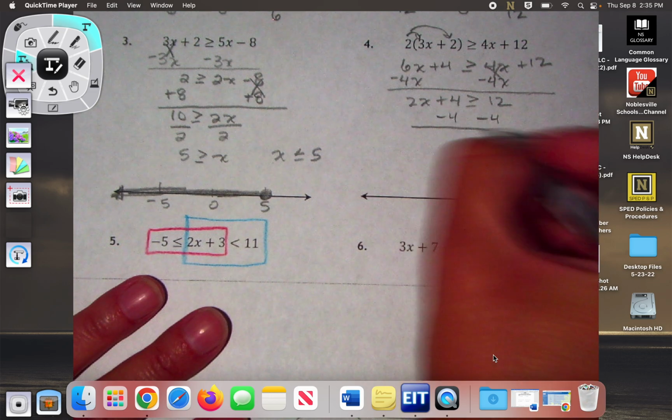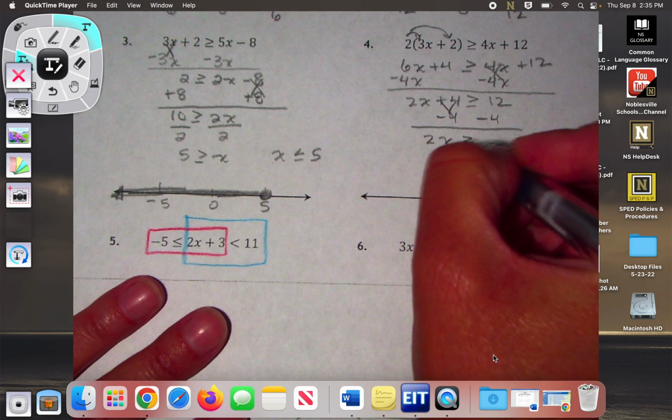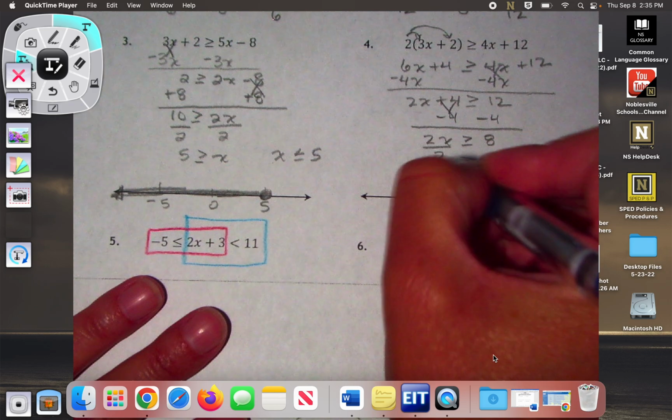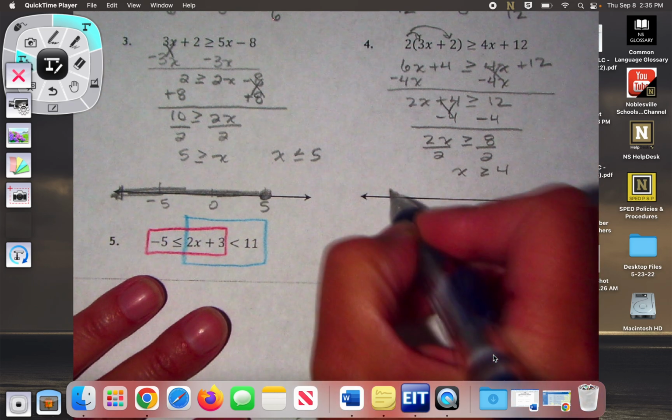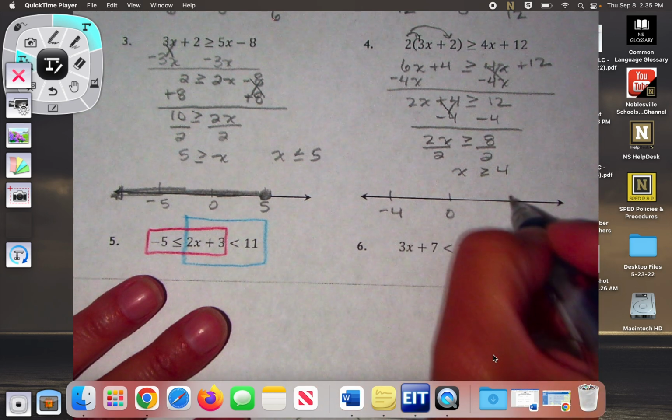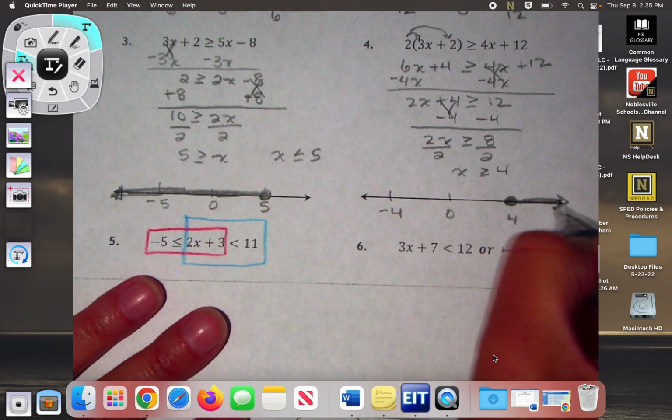Subtract 4 from both sides. 2x is greater than or equal to 8. x is greater than or equal to 4. Closed point, arrow to the right.